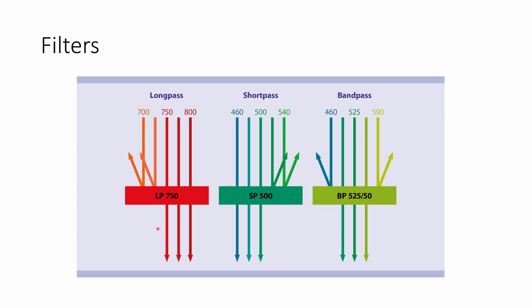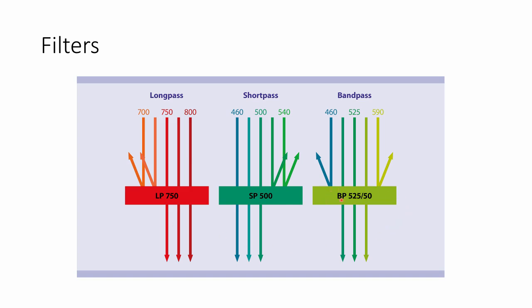In the diagram above, the long pass filter or LP750 allows only light of wavelengths longer than 750 nanometers to pass. In contrast, a short pass filter, SP500, allows wavelengths of less than 500 nanometers to pass through. Any wavelength longer than 500 nanometers will be obstructed.